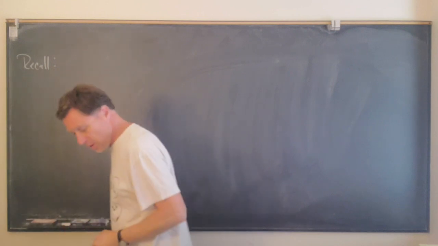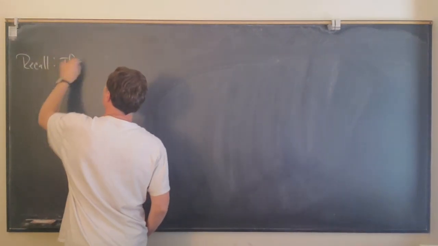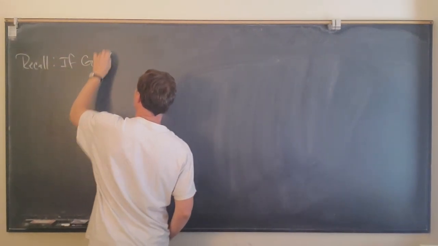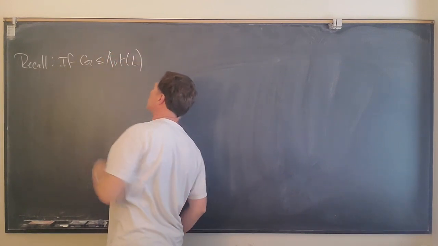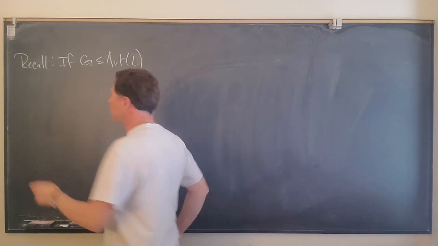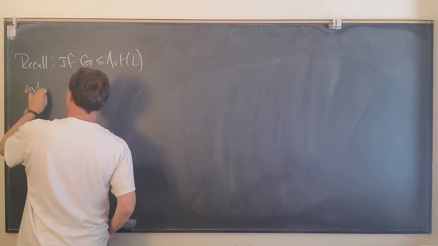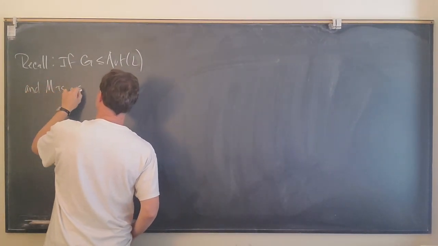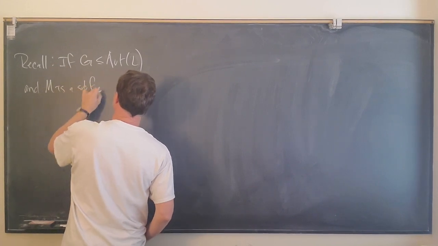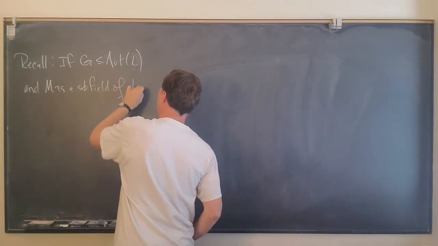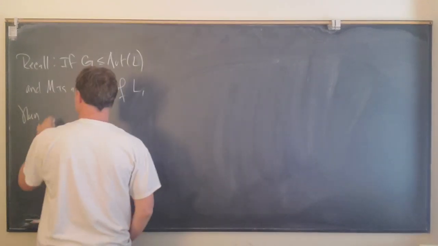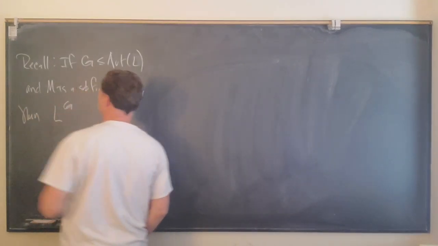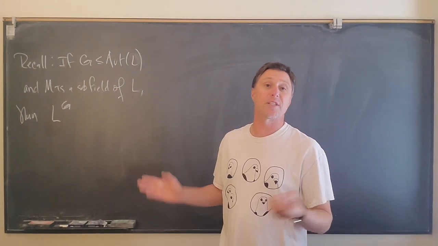So recall, if we have G a subset of the group of automorphisms of some field L, and M a subfield of capital L, then there's this set which I write L raised to the G, and this is really just standard notation.